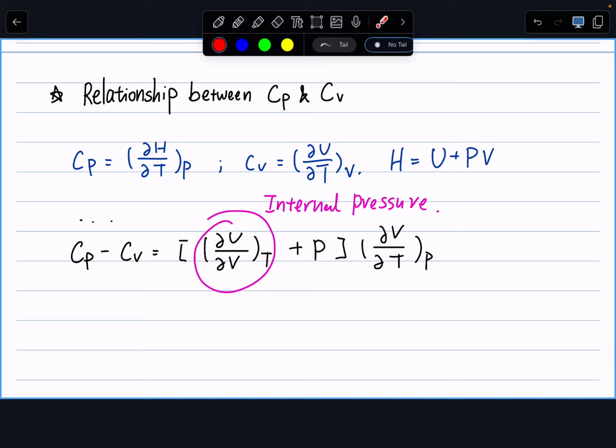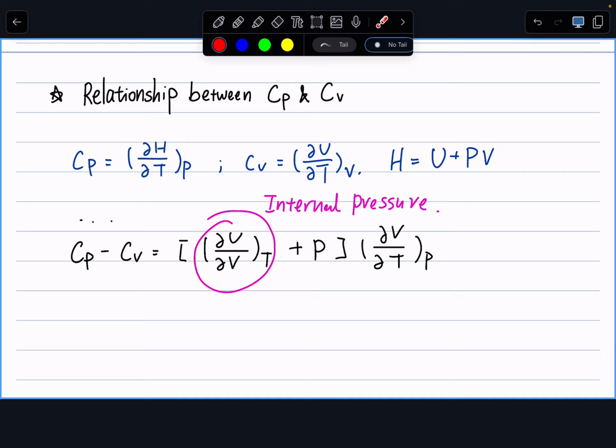Again, what we did on the board is the more general derivation of the relationship between your Cp and Cv. The only things we used are the definition of Cp, the definition of Cv, the definition of enthalpy, and calculus. That's everything we used. So this equation is a general equation describing the relationship of Cp minus Cv.